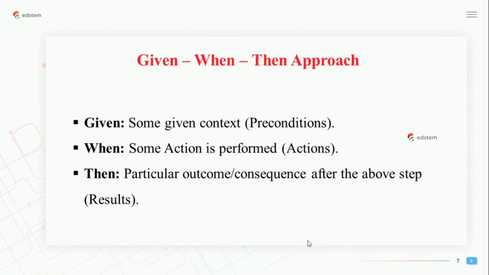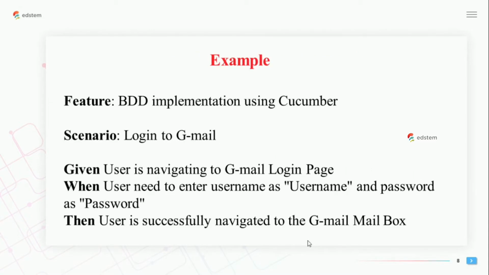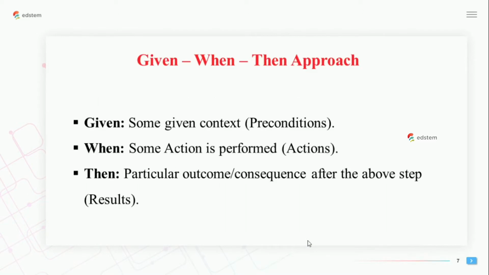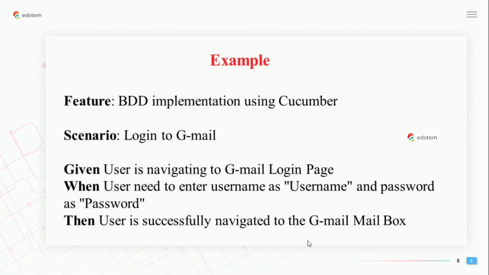And when means some actions that are performed. So the action here is user needs to enter the username as username and password as password. Then means the result of given and when. So the result here is user is successfully navigated to the Gmail mailbox. I'm going to show examples during coding so that it will be easy to understand.